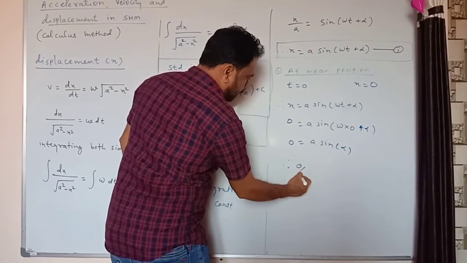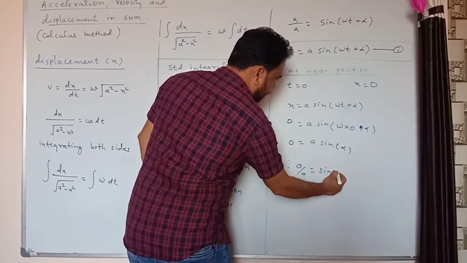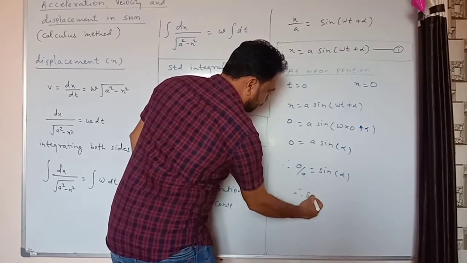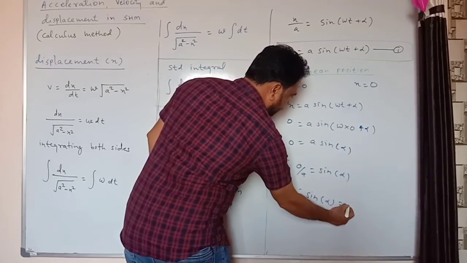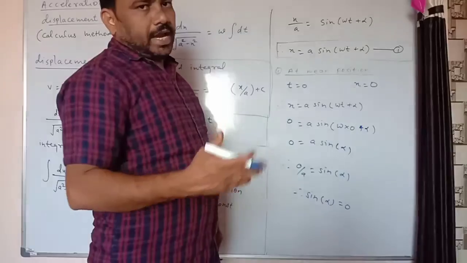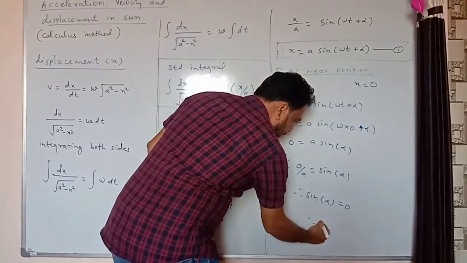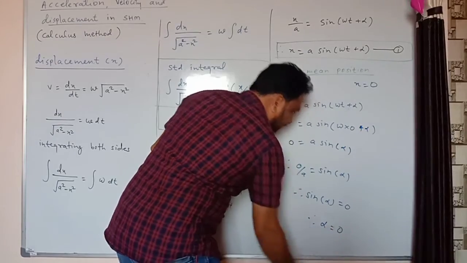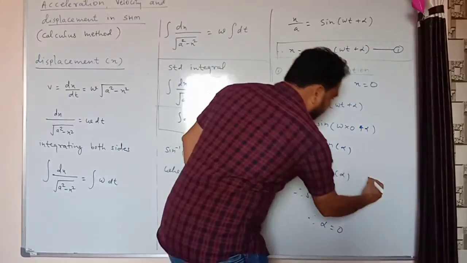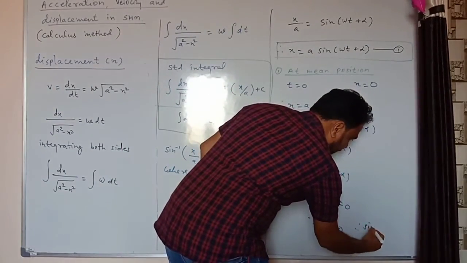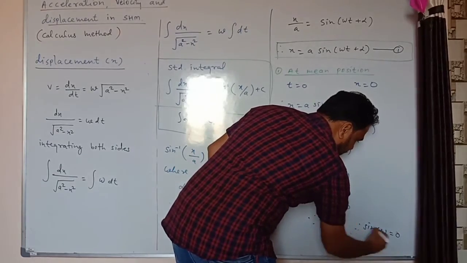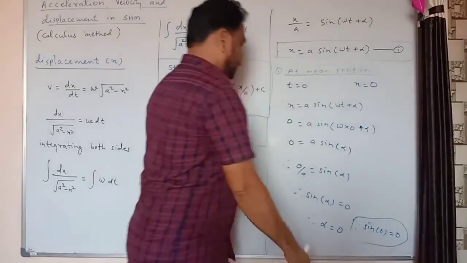Therefore 0 by a is equal to sin alpha, and therefore sin alpha is equal to 0. At which angle is the value of sin theta equal to 0? We know alpha is equal to 0, because the value of sin 0 is always equal to 0. So you should remember this.